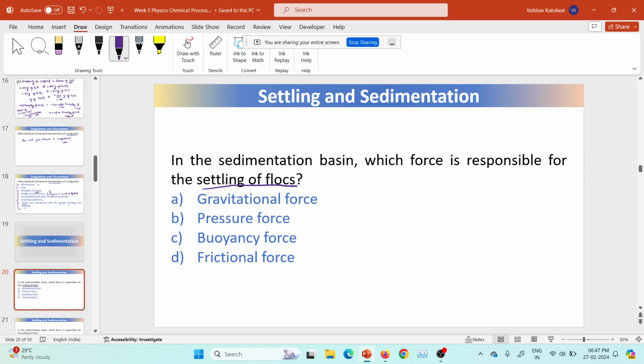We applied coagulants and polyelectrolyte to make them into bigger flocs, and then they will settle with the help of gravity. So after coagulation and flocculation, the water will go into the sedimentation chamber or sedimentation basin.